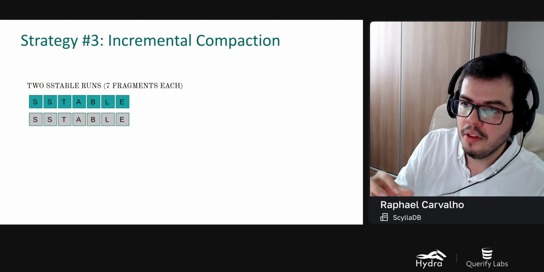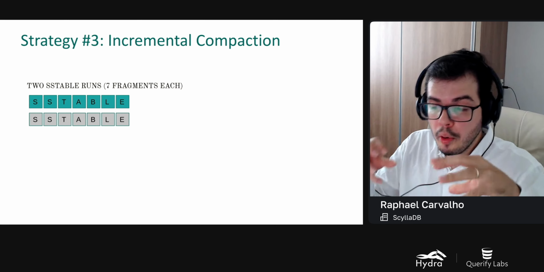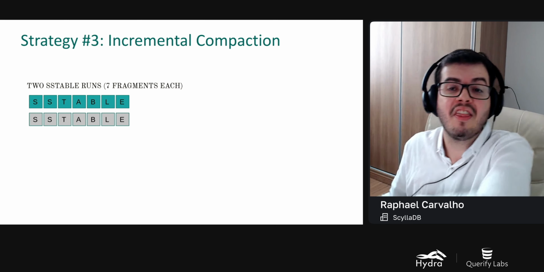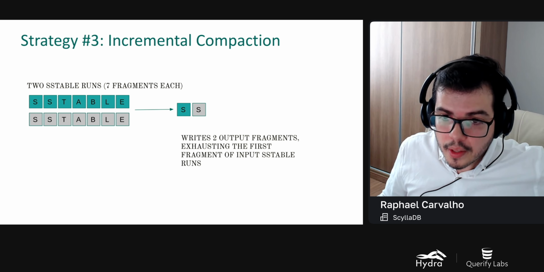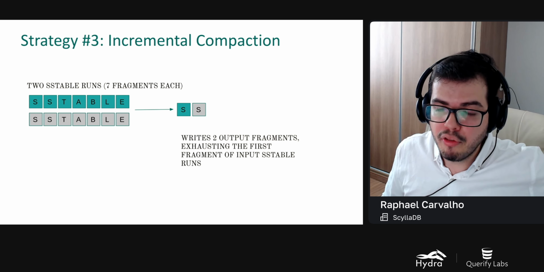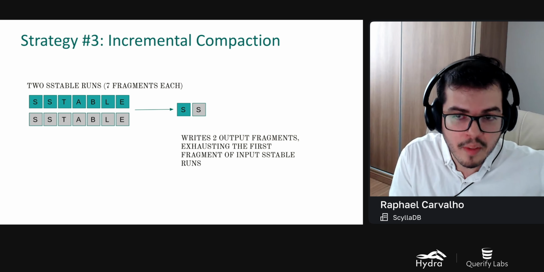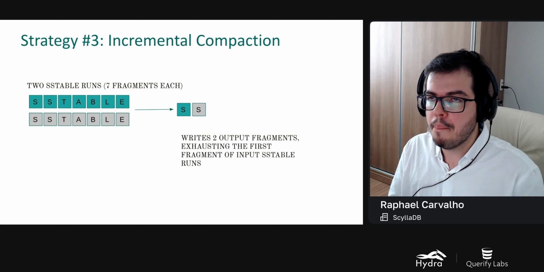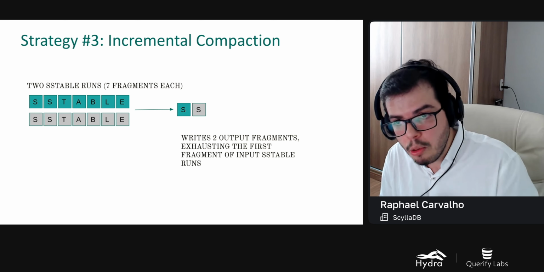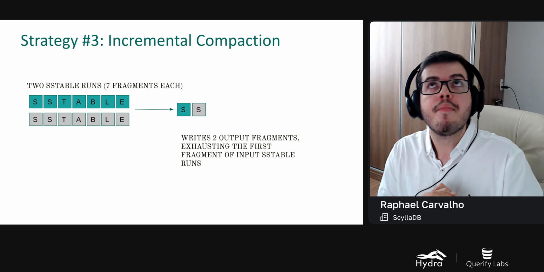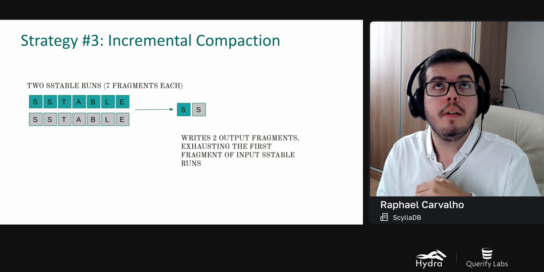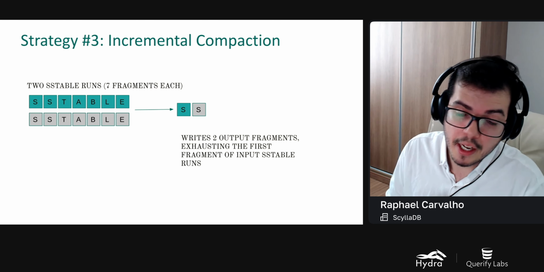When we are done writing an output fragment, we can look at the input fragments that were already compacted, and we can release them. And given that we keep the same LSM-tree data layout, we preserve the write amplification of the tiered policy and also the read amplification.